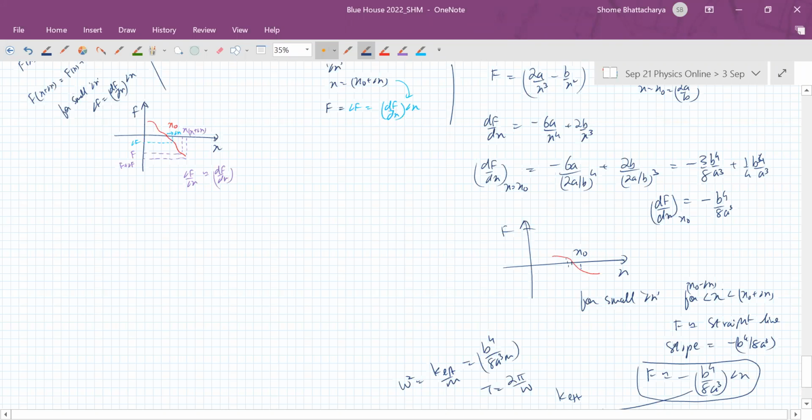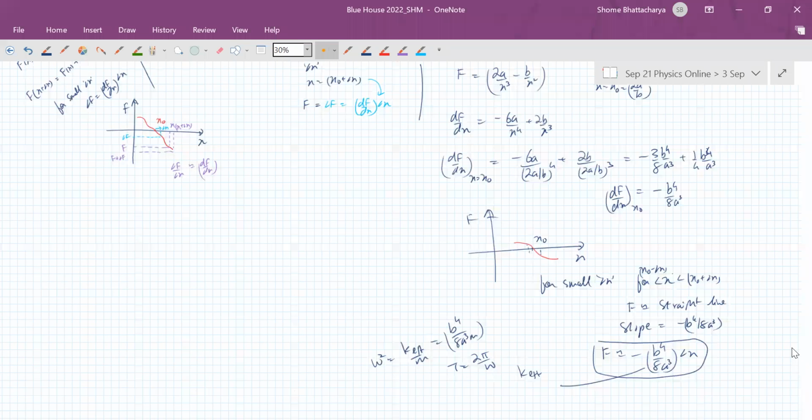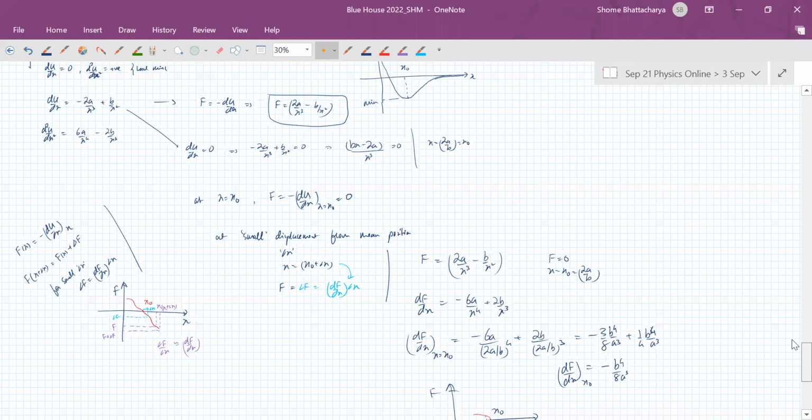So I'll just generalize this method also, so that it's clear for any sort of potential energy function given. In this case, it was this. So I'm just taking you through the beginning once more.